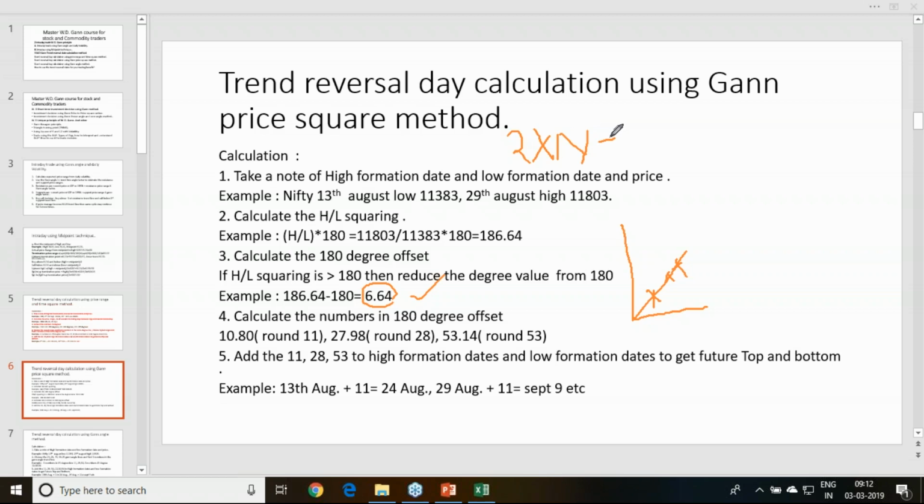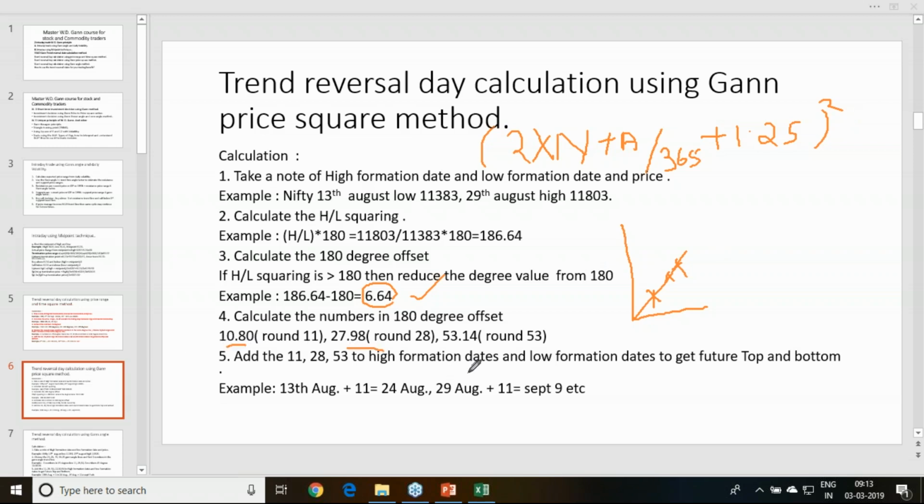Plus the offset divided by 365, 365 days in a year, and added with a constant called 1.25, because in the square formula we require this 1.25. The net result you have to take a square. This is the formula which can give you numbers in that degree offset line. So you got 3 numbers in the degree offset lines.